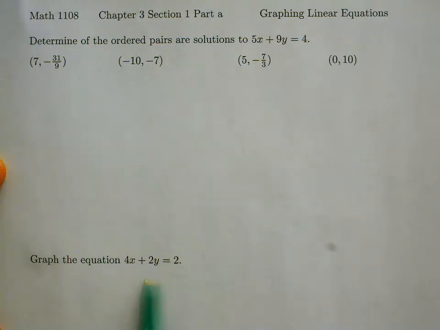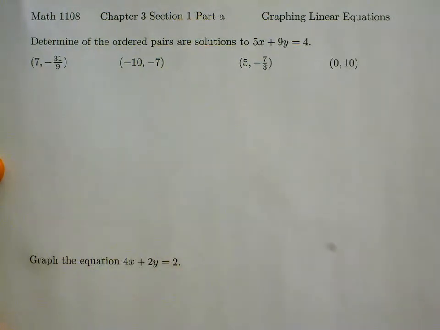You can just do what we did on the previous examples. Pick x to be a number, replace x with the number, solve for y to get an ordered pair solution. Then pick another number for x. If you want, you could pick numbers for y instead. Just find 2 ordered pairs. But let's start this one.